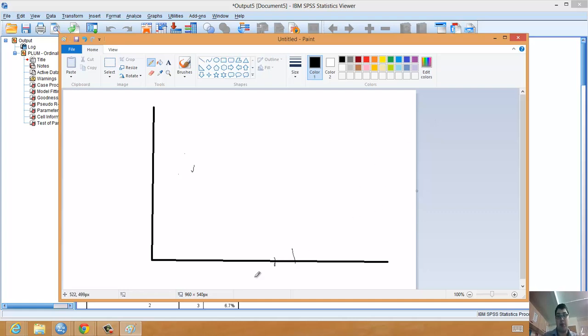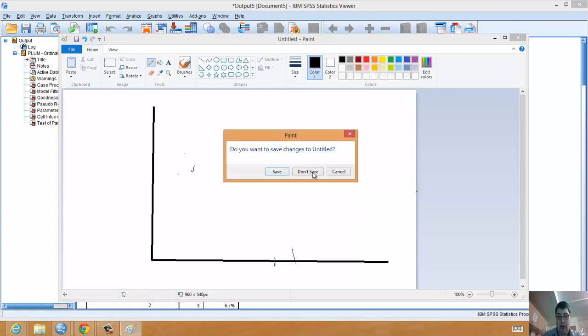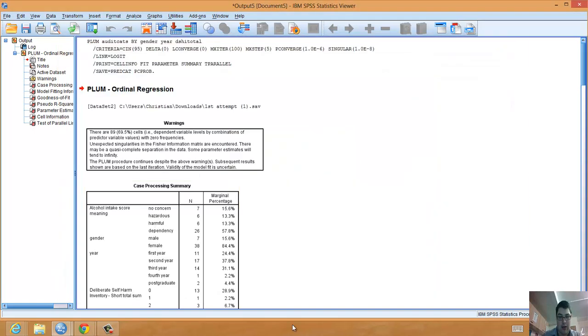So it's important that you A, have equal numbers in the cells, and B, meet the assumption of separation. Yeah? Okay, so that's the art class over.